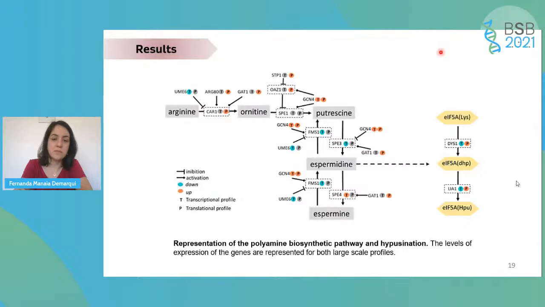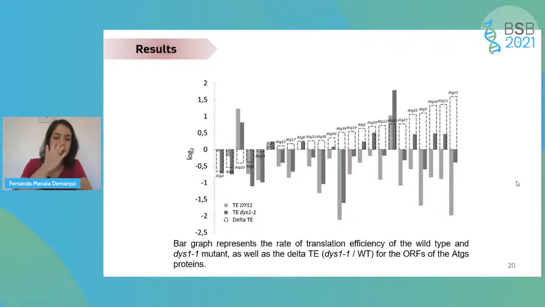Their intracellular levels are tightly regulated in their biosynthesis, catabolism, and/or transport. So polyamine intracellular imbalance could affect some cellular processes, such as transcription, translation, gene expression regulation, stress resistance, and autophagy.